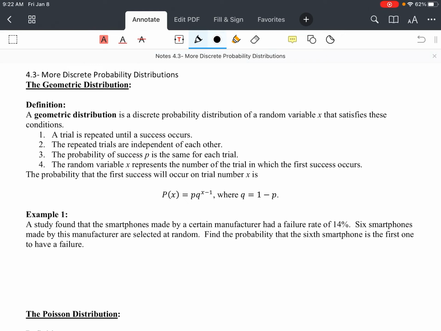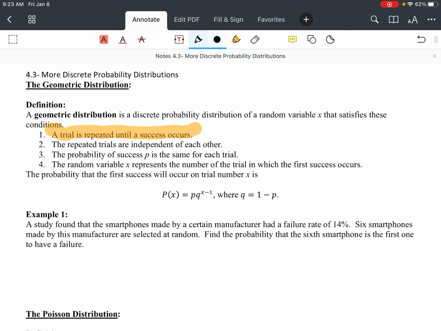The only difference between this definition and the definition of a binomial distribution is that a binomial distribution says it's the number of successes, where we know what the number of successes is, whereas here we keep trying until we get a success.